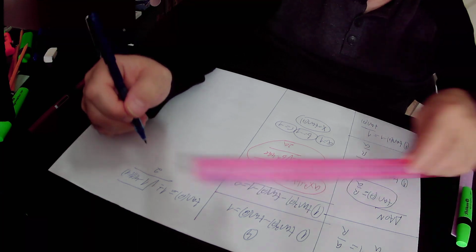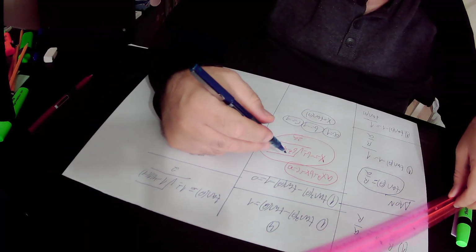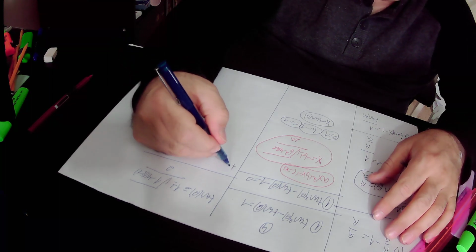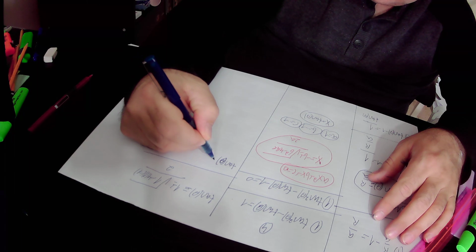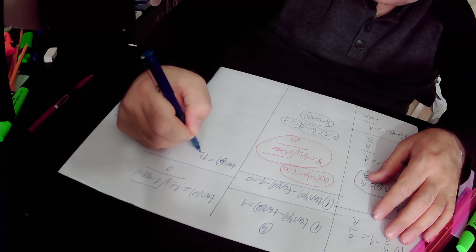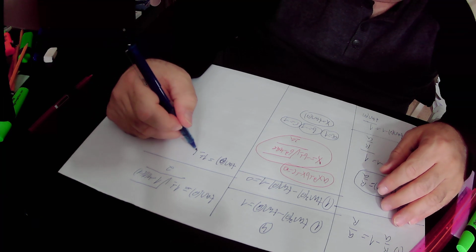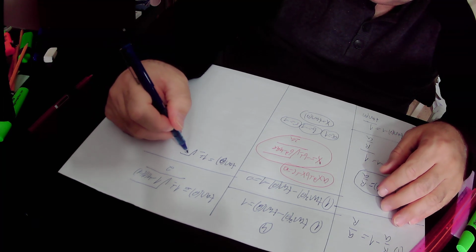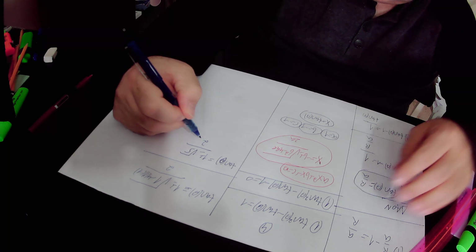So in conclusion, tangent theta is equal to 1 plus minus the square root of, minus 4 times minus 1 is 4, and 4 plus 1 is 5, so inside the root we have only 5, over 2.